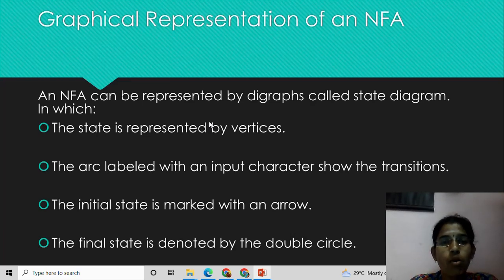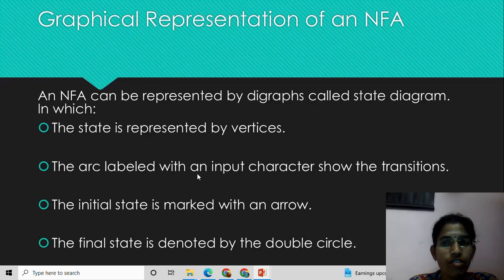Now we see the graphical representation of NFA. An NFA can be represented by a diagram that is called a state diagram. The state is represented by a vertex circle. The arc labeled with an input character shows the transition.